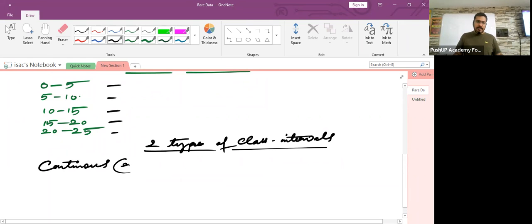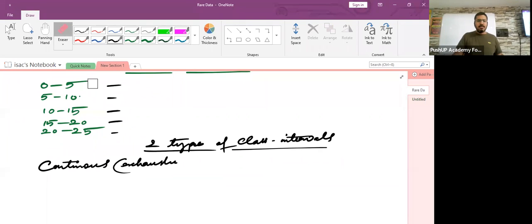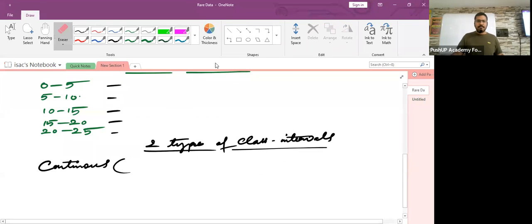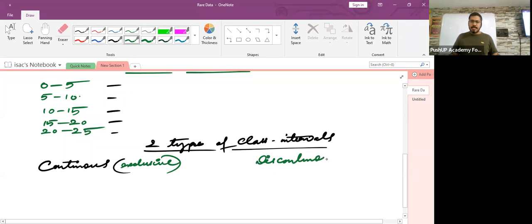The other name given in the textbook is exclusive class interval. And the second type is discontinuous class interval, which is also known as inclusive.